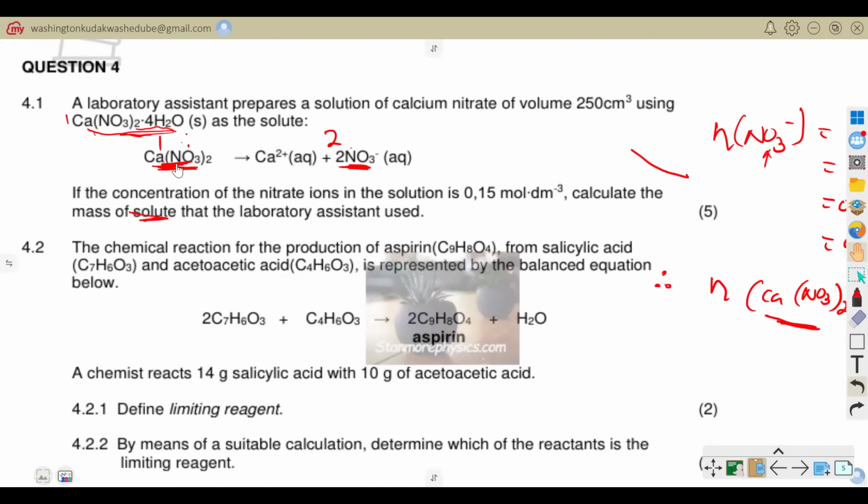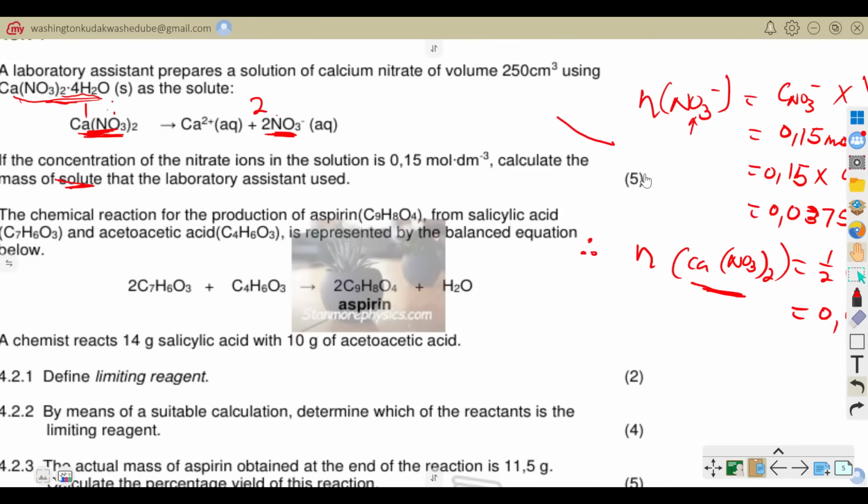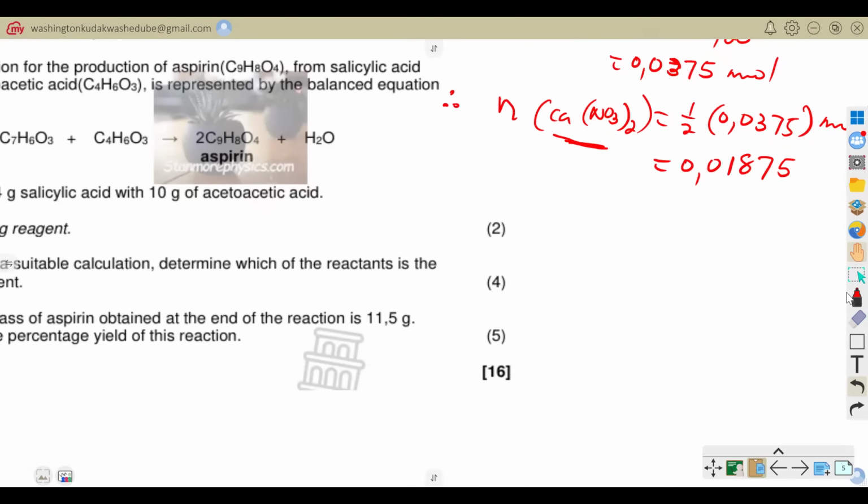Since I now know the number of moles of calcium nitrate, I simply now know the number of moles of this solute. So now, since I know this, I would say the number of moles of my solute is simply equal to what?